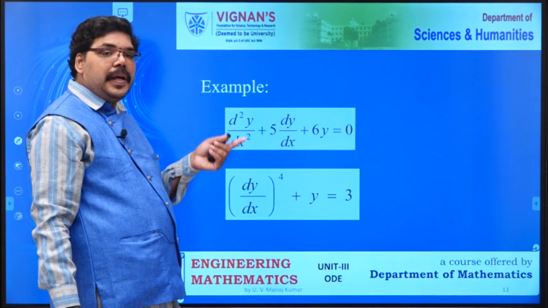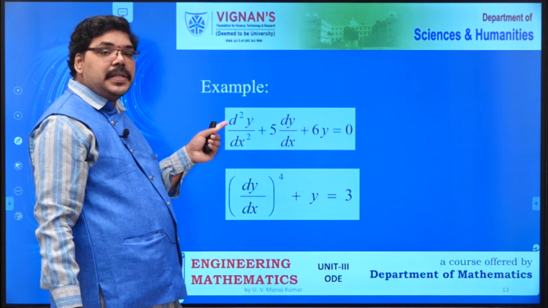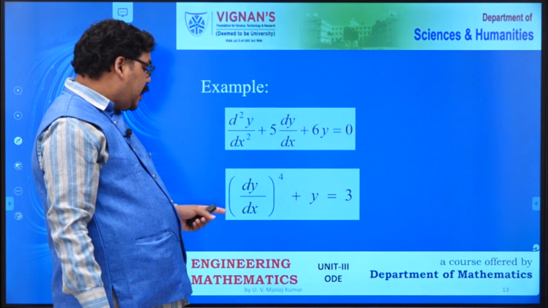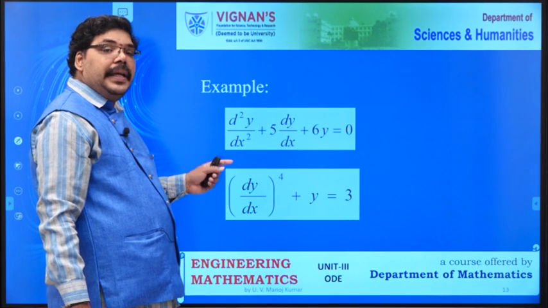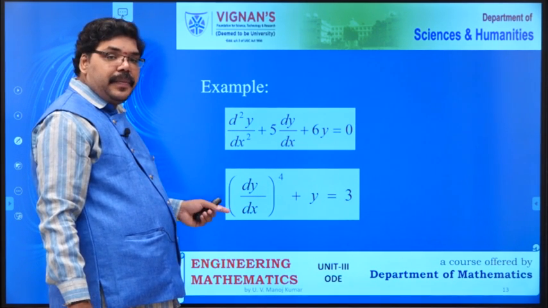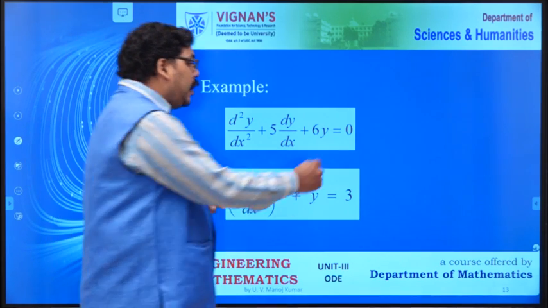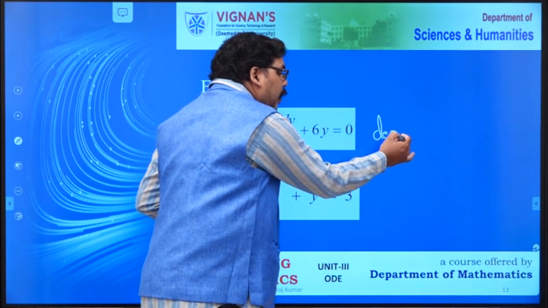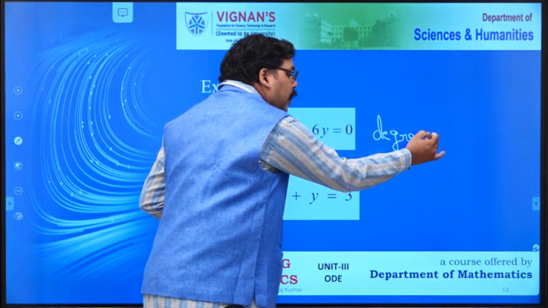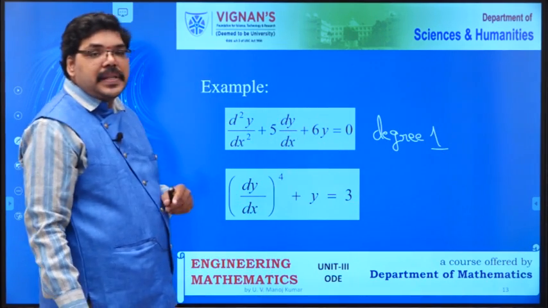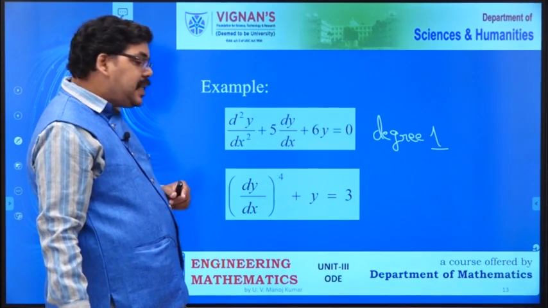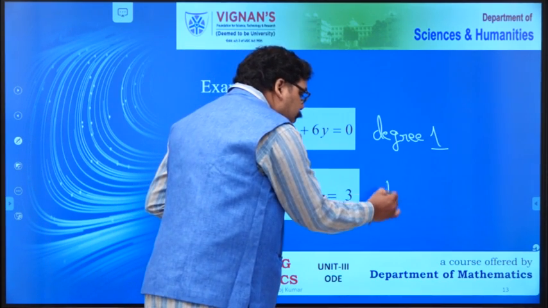What is its power? 1. So the degree of the first example is 1. In the second example, the highest derivative is dy by dx and its power is 4, so the degree is 4.